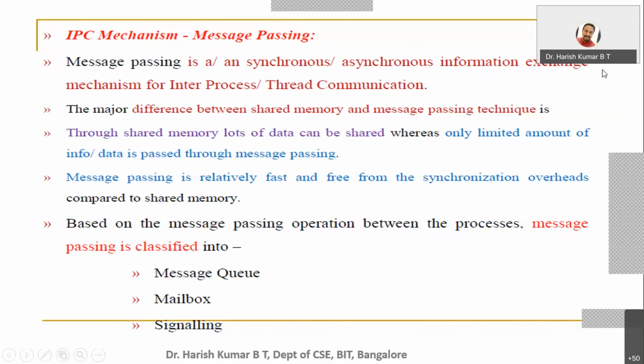Message passing can be a synchronous or asynchronous information exchange. I'll highlight the meaning of synchronous and asynchronous. We have already understood this in communication interfaces. A few were synchronous communication interfaces, and a few were asynchronous.